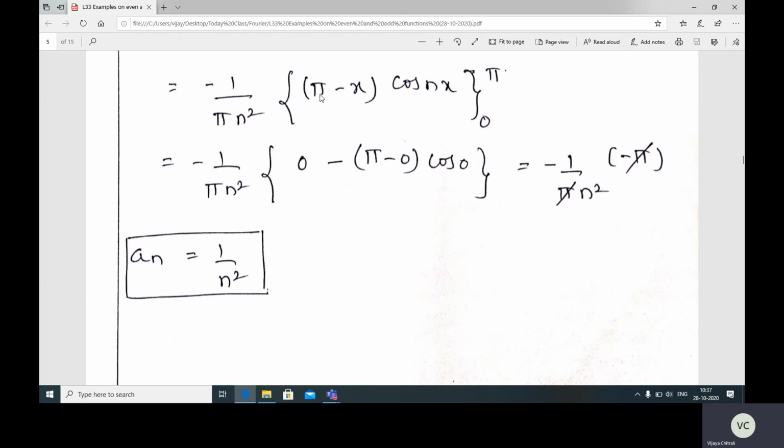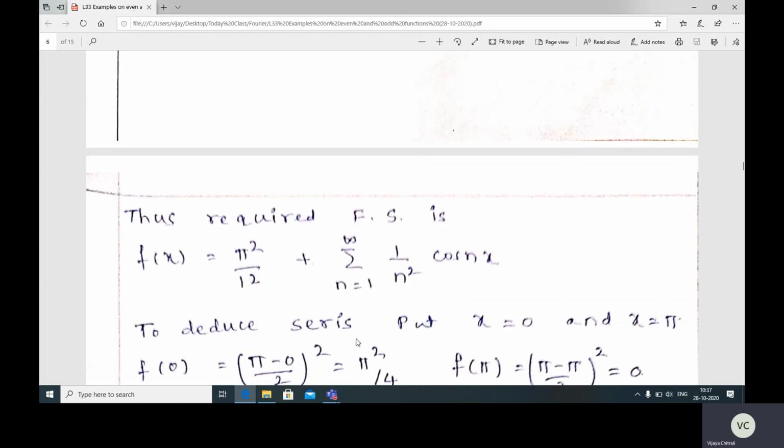Substitute upper limit. Pi minus pi will be 0. 0 into something is 0. Substitute 0 in place of x. Now minus 1 upon pi n square. So here cos 0 is 1 and this pi with negative sign and this is 0 means minus pi. Pi gets cancelled. This minus into minus is plus 1 by n square. So this is what an is.